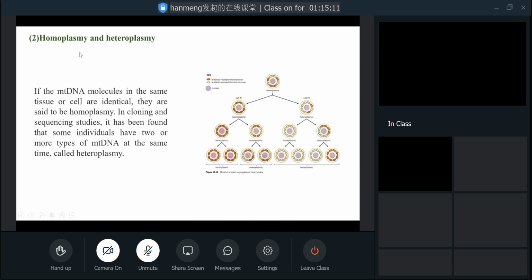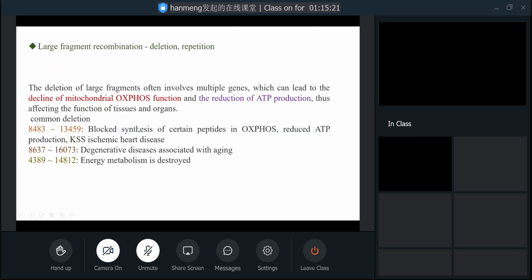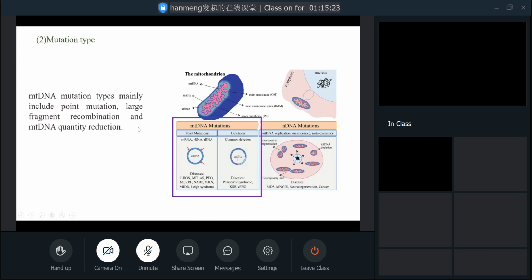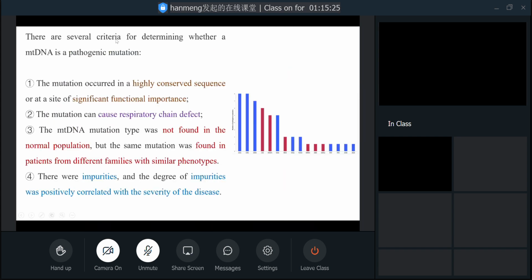Another one is the homoplasmy and the heteroplasmy. There are several criteria for determining whether a mitochondrial DNA mutation causes disease. The first one is the impurities.